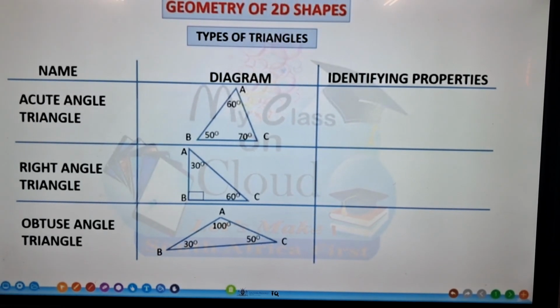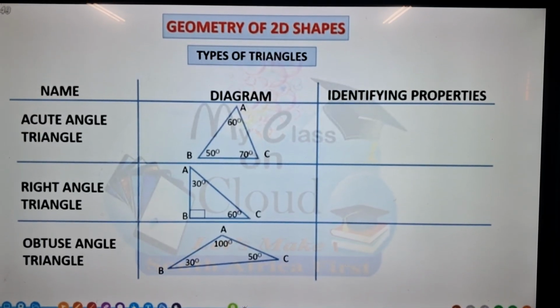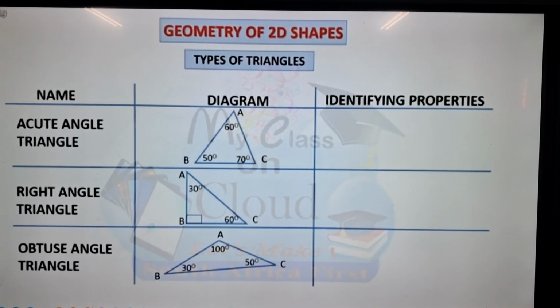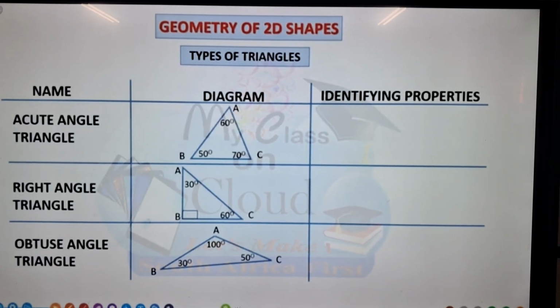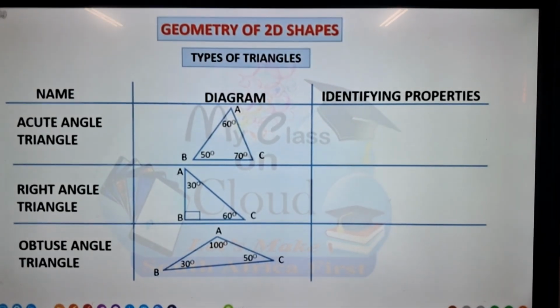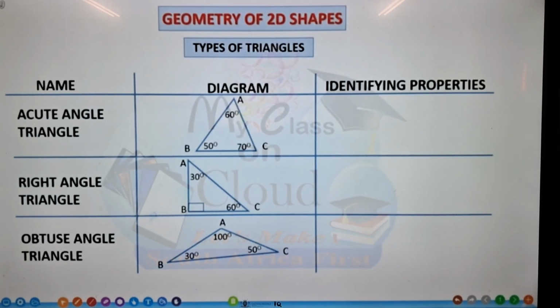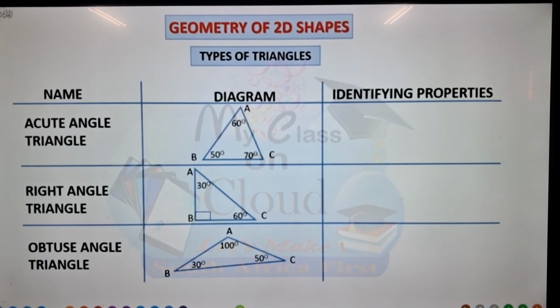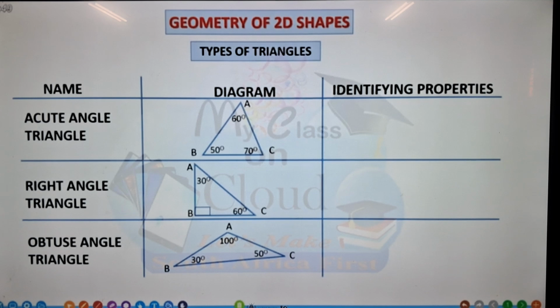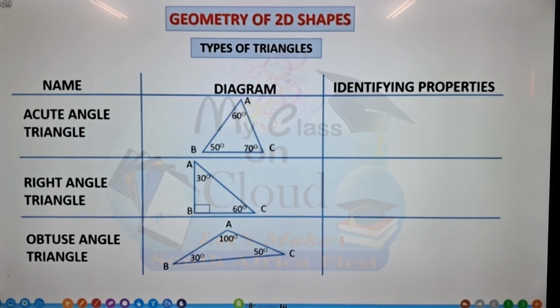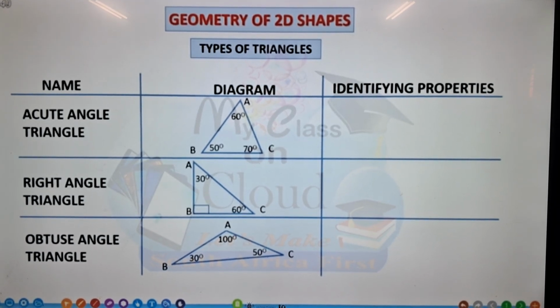Okay, now remember, we are studying geometry of 2D shapes, but we are now looking at triangles. So we are looking at the geometry of the 2D shape, and we are looking at the triangles. Just to recap, triangles are three lines enclosing a space, so that forms a triangle.